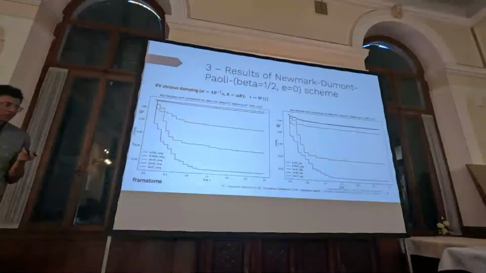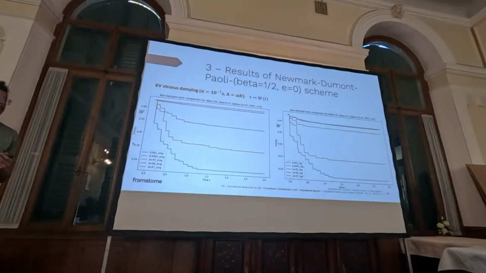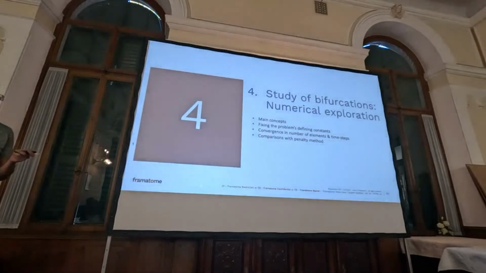That probably validates at the same time the theoretical results of the continuum problem, and the fact that the numerical scheme is made for smoother functions, and it captures that kind of solution for that kind of Kelvin-Voigt damping. Now I go to the study of bifurcation.